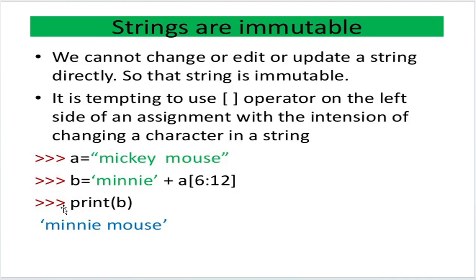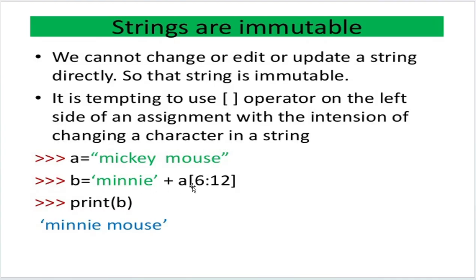So this is a live example. The value of a is Mickey Mouse, b is Minnie, plus a of 6 to 12, which means it is going to perform slicing and extract a substring from a, and it is added to Minnie with the plus operator. Whenever you add or join a new string with the original string, you have to use the concatenation operator, the plus.